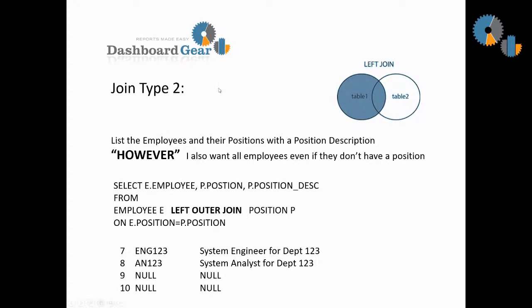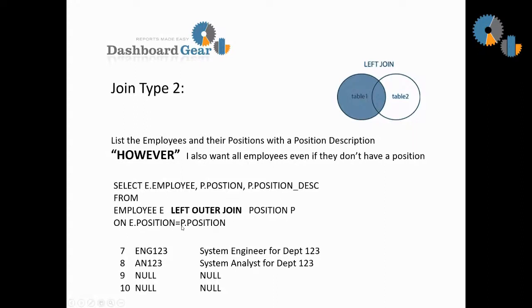So if you look up above in the little Venn diagram that I have, it's everything from table 1, the left table, and the intersecting stuff from table 2, but it doesn't include anything from table 2 if it's not there. Now, the syntax on that is instead of typing the word inner join, you type the words left outer. So it's a left outer join instead of an inner.